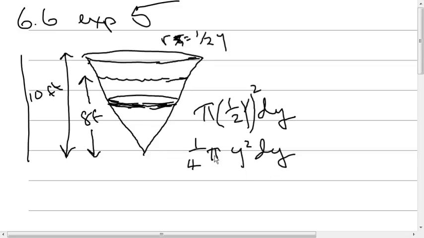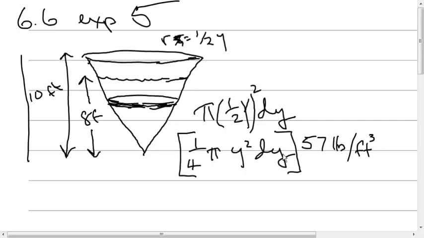Okay, so that's the volume of our little hypothetical disk, but we're not actually interested in volume. We're interested in what is the mass of this little puppy, and we've got to multiply its volume times its density, and that's given in the problem that the density is 57 pounds per cubic foot.